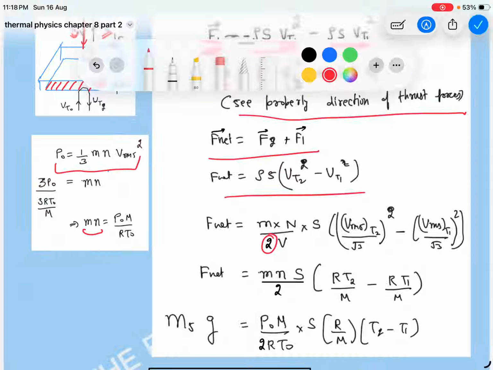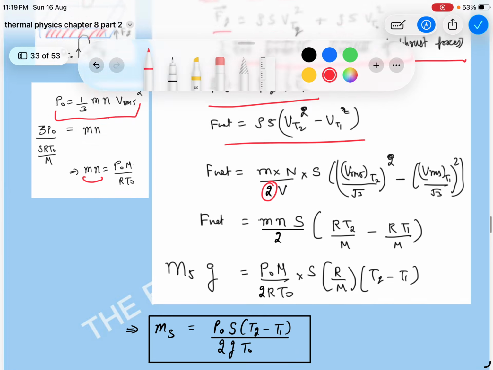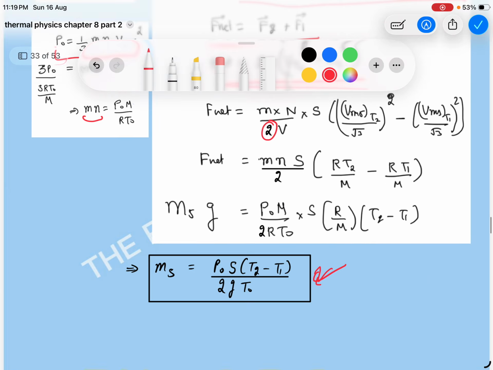Along x, if you see the total number of molecules, half are moving along the positive x-axis and half along the negative x-axis, right? So we want the number of molecules moving in a particular direction, like along the positive x-axis, so you have to divide by a factor of 2. Okay, so by solving I am getting this answer.